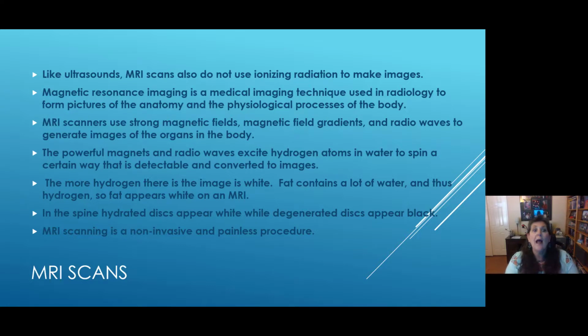The more hydrogen there is, the whiter the image. So water, H2O, has a lot of hydrogen in it, right? 2 H's for every 1 O. So water is going to be white. What contains a lot of water in your body? Fat cells. So fat cells contain a lot of water and they appear white.